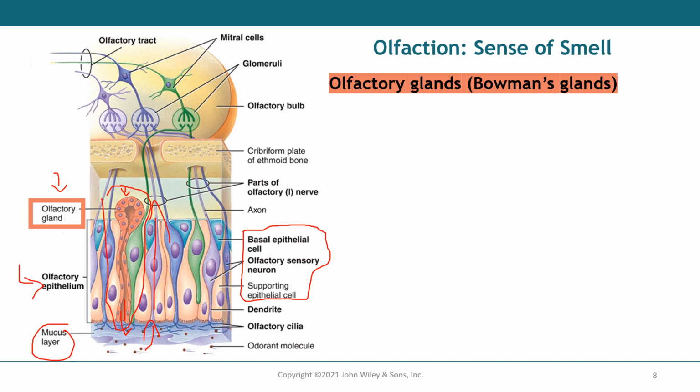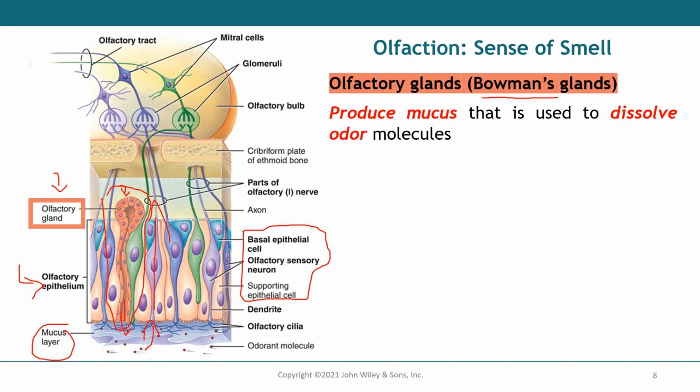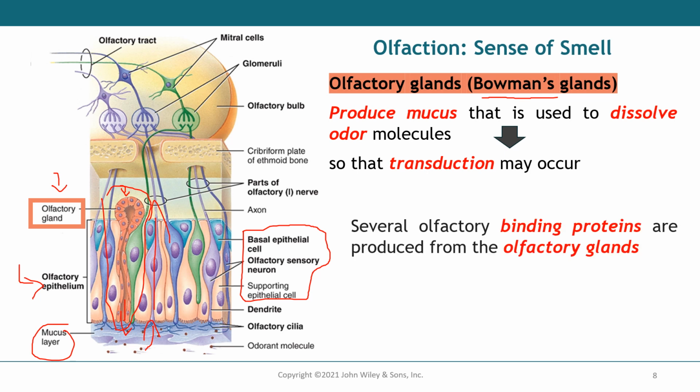So remember, olfactory glands, also called Bowman glands, are very important because they produce what? A mucus. And this mucus is used to dissolve other molecules, so it's easier to capture them, and the receptors are able to receive the signal. And that is very important for the transduction of the signal.